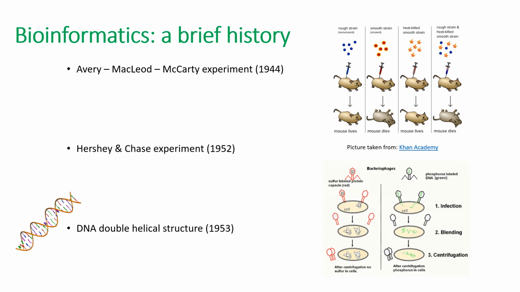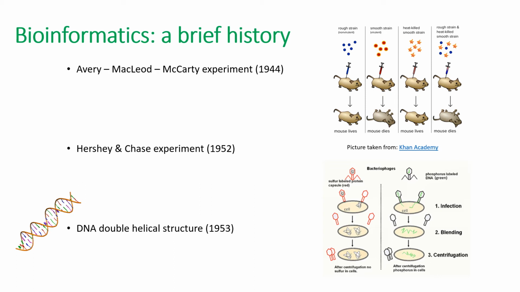Then in 1952, two scientists, Hershey and Chase, did a brilliant experiment using bacteriophages. There were two types: in one the protein coat was labeled, and in the other the genetic material, the DNA within it, was labeled.